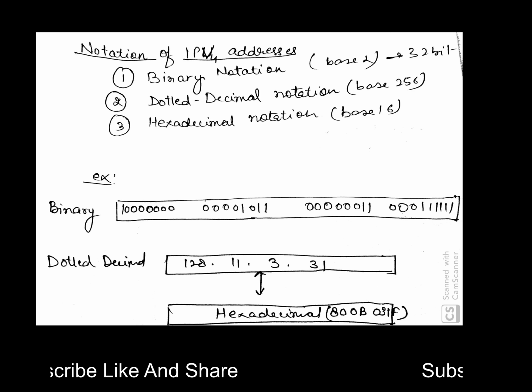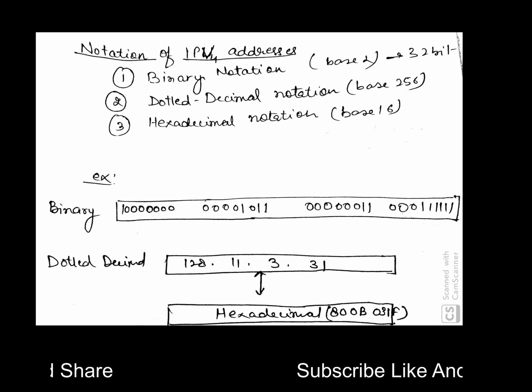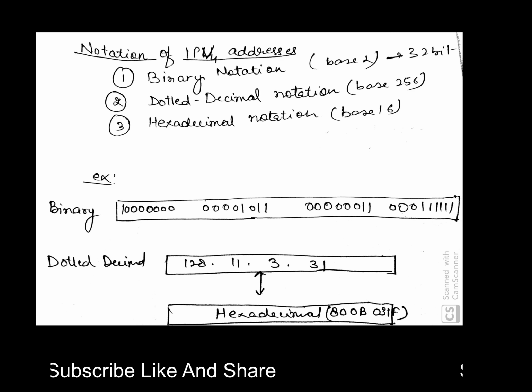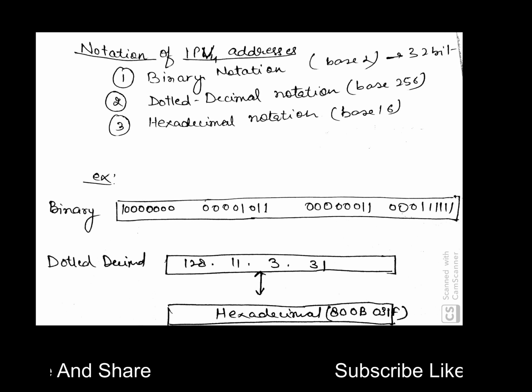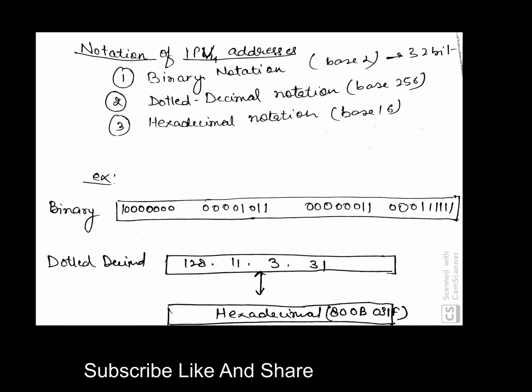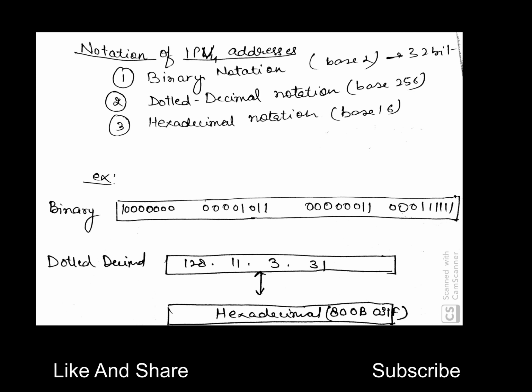One or more spaces are usually inserted between each octet, which is 8 bits, and each octet is often referred to as a byte. To make an IPv4 address more compact and easier to read, we use dotted decimal notation, for example 128.11.3.31. It is base 256, with each number having only 8 bits, so the range of these 8 bits is from 0 to 255.